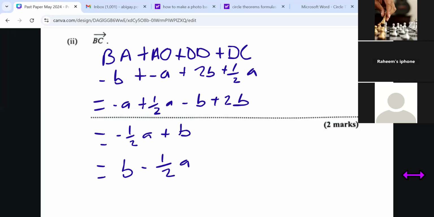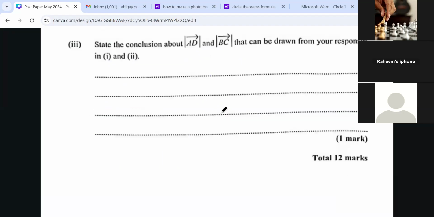All right. Moving on. This is the last question. Last of last. It says, state the conclusion about vector AD and vector BC that can be drawn from your responses in I and II.